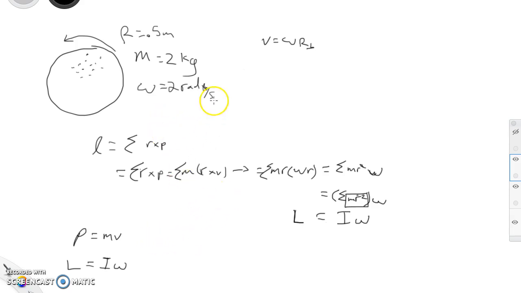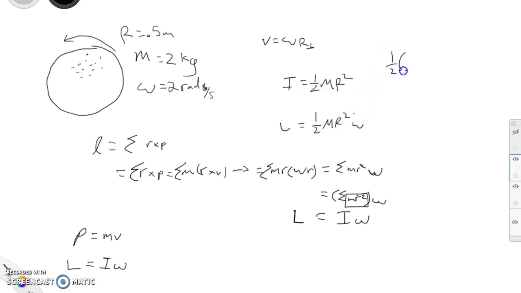Okay, so if we want to find the angular momentum here, it's a uniform disk, which means that I would be equal to 1/2 mr squared. So L would be 1/2 mr squared, and then we're multiplying by omega. Let's plug in our values.